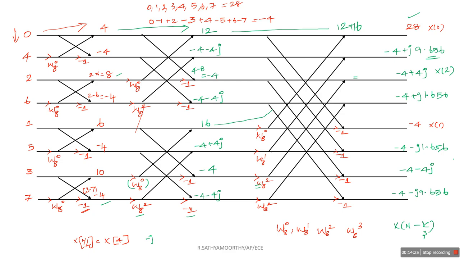The only thing you have to do is multiply by W8 power 1 and W8 power 3, which is difficult. Other than that, W8 power 0 is 1, W8 square is minus j, and the job is very easy.